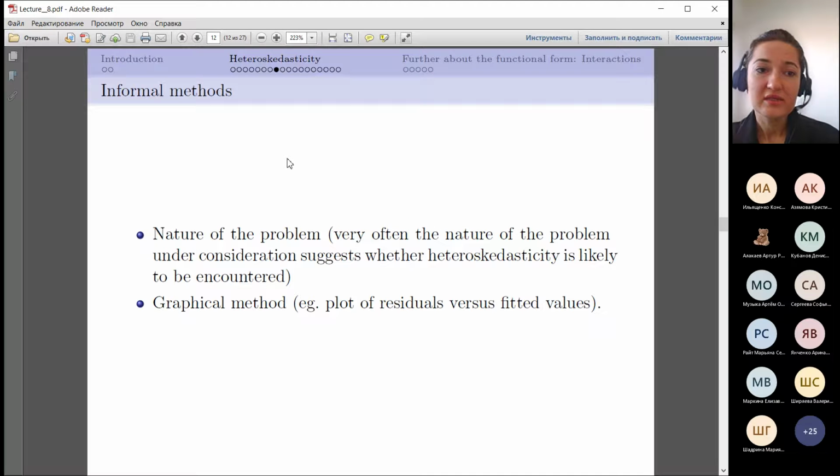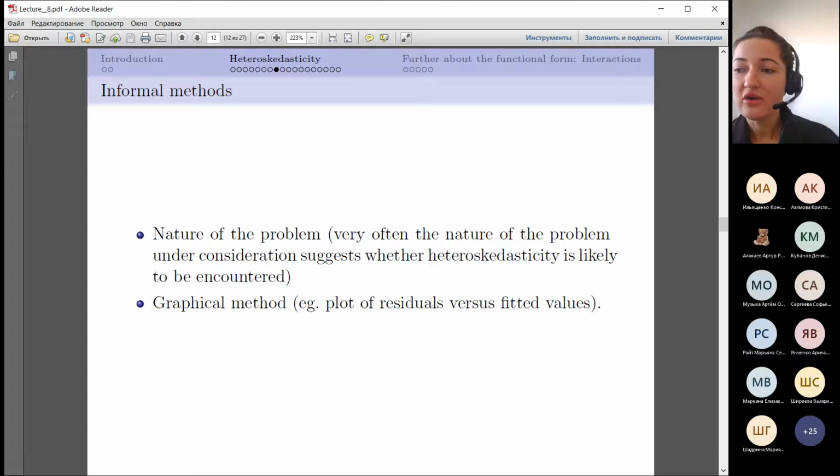So let's discuss the first informal method. Again, we should take a look at the nature of the problem. Very often the nature of the problem under consideration suggests whether heteroscedasticity is likely to be encountered or not. For example, let's say you read some article with a very similar model and a similar data set, based on some respondents, and you are interested in the income of households.